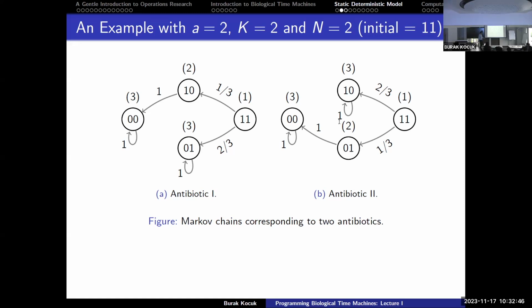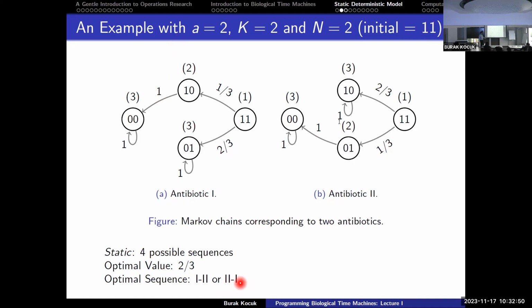But it turns out that this is one of the optimal solutions. Why? Because if I apply 2 in the beginning, with probability 2 over 3, I will get 1-0. And if I apply 1 then, I will have 1 times 2 over 3, which is 2 over 3. Or if you do the 1-2 combination, again, you get the same.